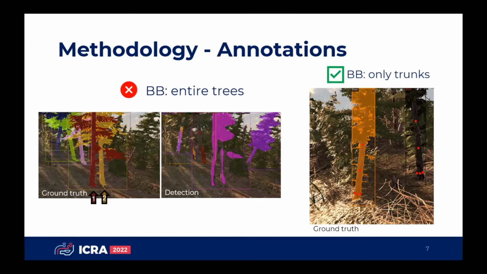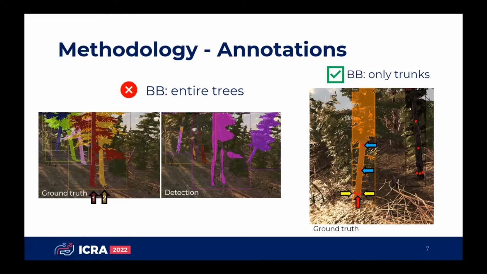In addition to the bounding box and the segmentation mask, we also included 5 key points per tree. So we have 2 for the diameter, 1 for the felling cut, and 2 for the tree axis. Only trees within 10 meters from the camera are annotated, which corresponds to approximately the reach of a real harvester.